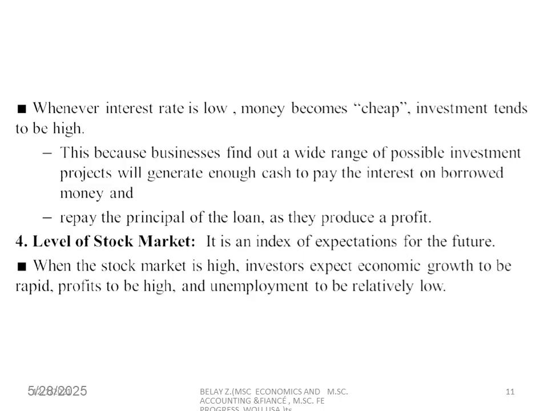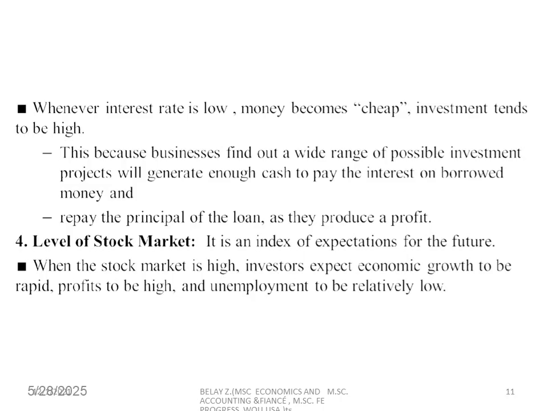The other one is the level of the stock market, a measure of how companies listed on the stock exchanges are performing via a stock index like Standard & Poor's S&P 500 or a country's index. Why does the level of the stock market matter? A rising stock market shows investor confidence in likely economic growth. A falling stock market shows concerns about future economic performance, or it is an index of expectation for the future.